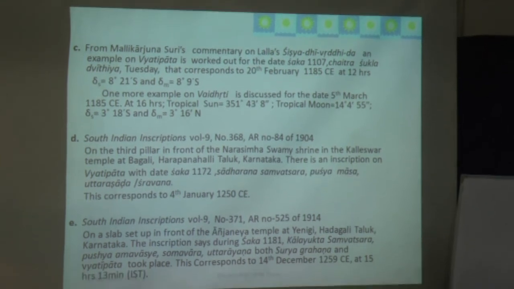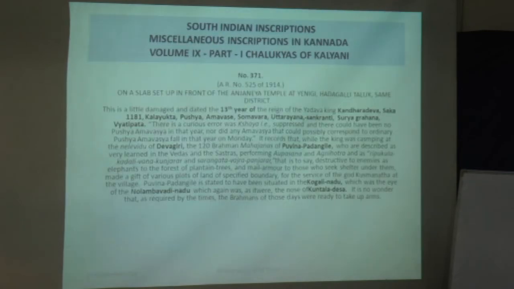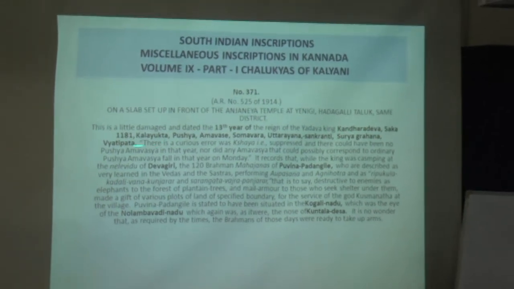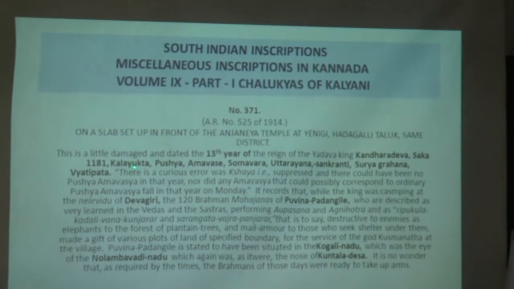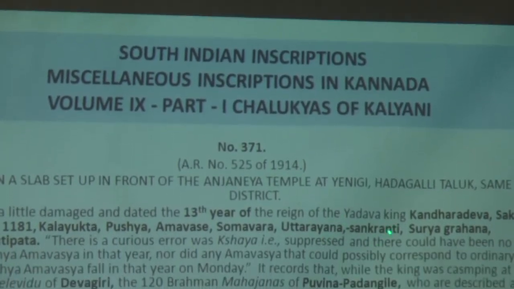One more inscription I have collected, from the same volume. It is on the slab set up in front of the Anjaneya temple of Enigi, Hadagali Taluk of Karnataka. It is a little damaged and dated the 13th year of the reign of the Yadava king Kandaradeva, Shaka 1181, Kalayukta Samvatsara, Pushya Amavasya, Somavara, Uttarayana Sankranti.